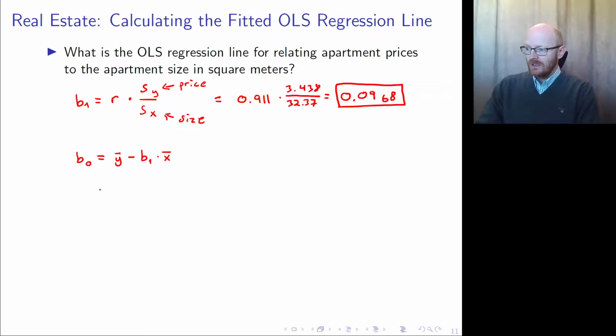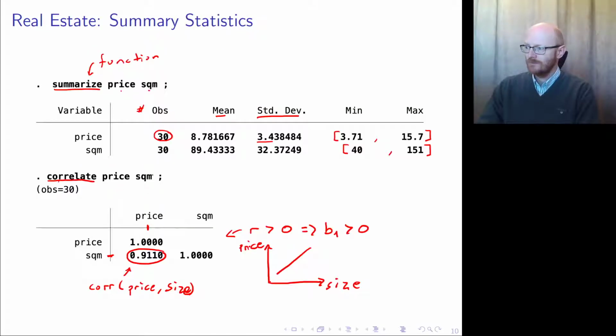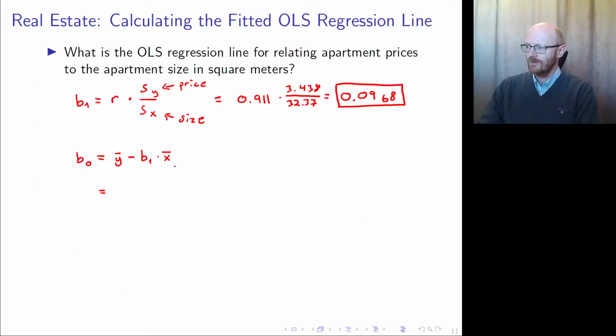We have the average price of 8.782 million kroners minus B1, the slope, 0.0968, times X bar, which is the average size.